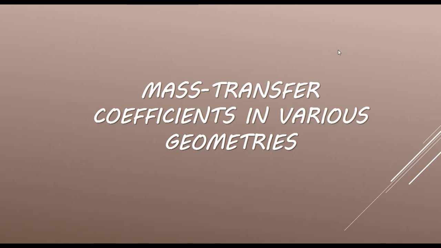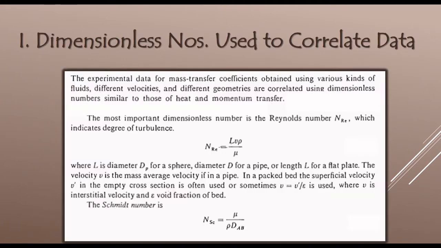Then from that, we can apply the appropriate equation for a particular geometry after we have already considered the type of flow. So this is mass transfer coefficients in various geometries.